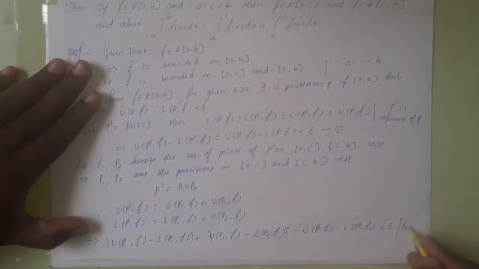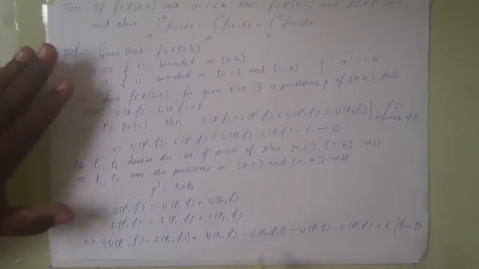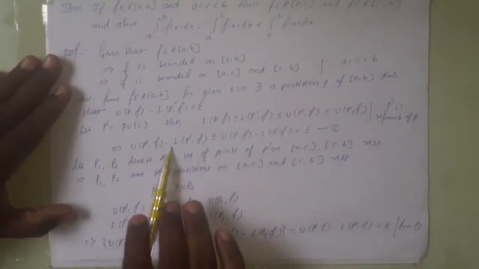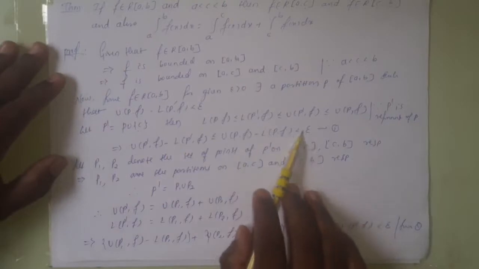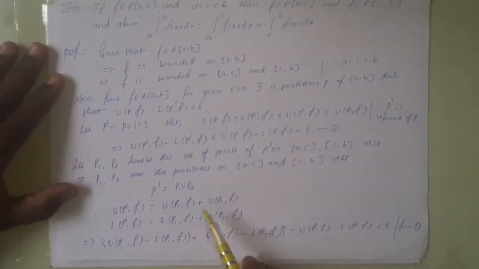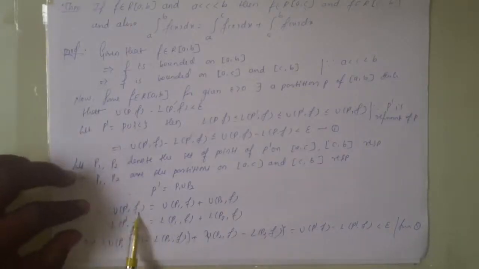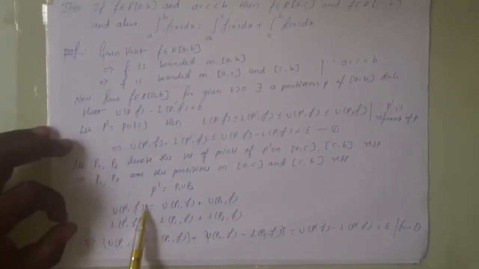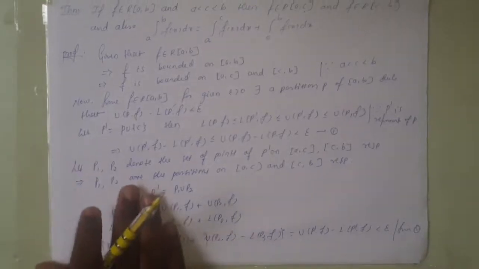So, it is from equation 1. In equation 1 we have U P dash F minus L P dash F is less than epsilon. So, therefore, now here we have subtracted these two equations. Now, U P1 F minus L P1 F plus U P2 F minus L P2 F is equal to U P dash F minus L P dash F, and this one is less than epsilon from equation 1.